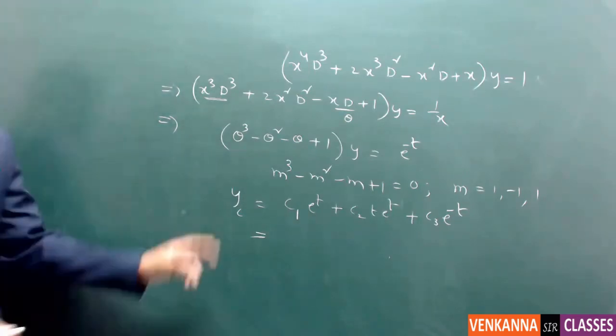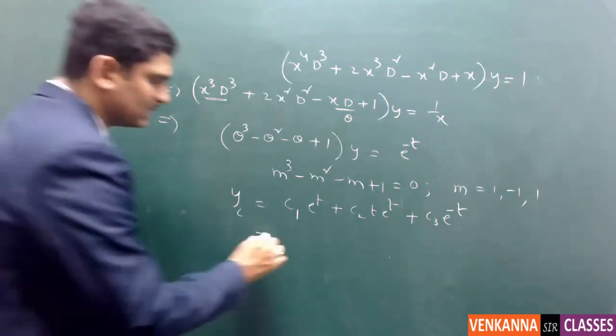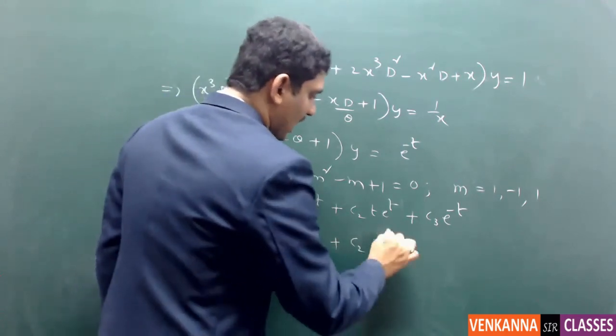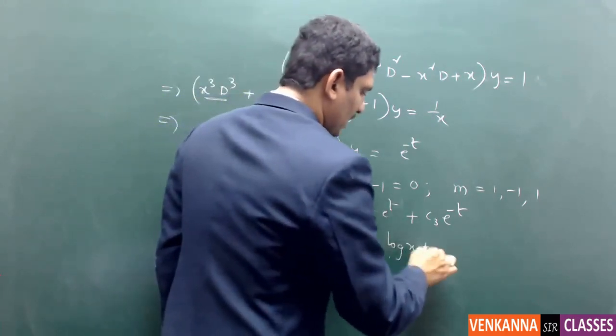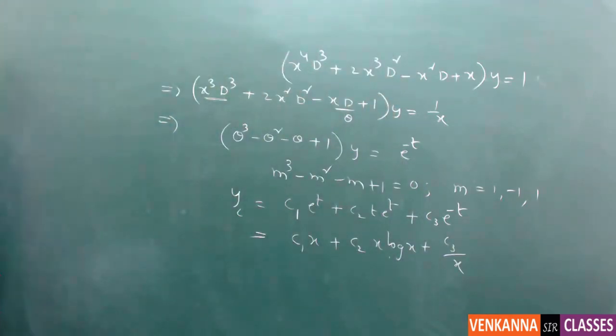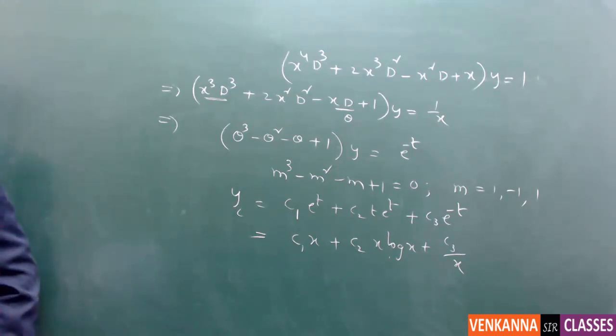So transforming in terms of x, it will come as C1x plus C2 x log x plus C3 by x. Accepted?